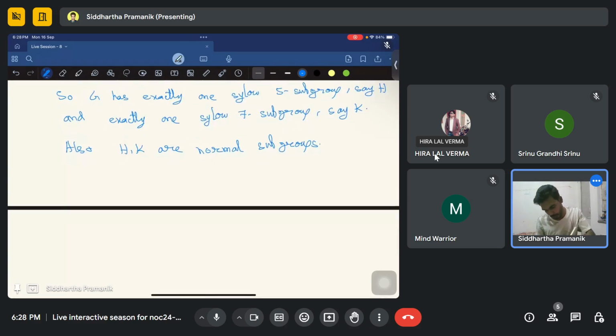Okay, so now the fact is we can define the product group H cross K, and from that we can define a homomorphism to G by just mapping H comma K to HK.